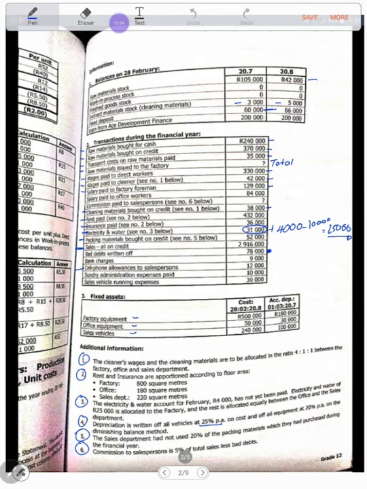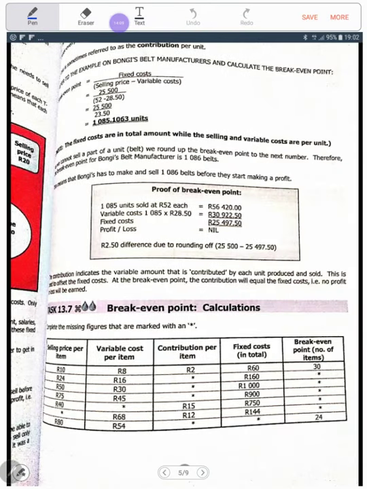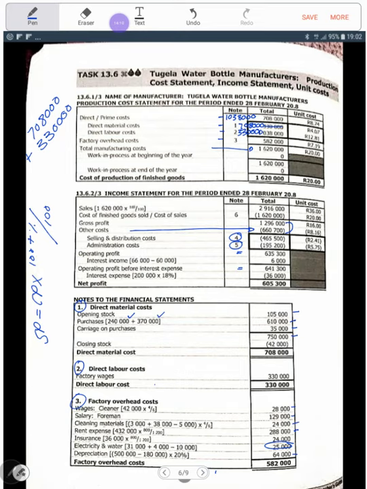So you'll see that our loan over here is 200,000 and I'm going to multiply it by 18%. And that should give me my interest expense for those years, and you'll see that it is 36,000. My net profit for this activity is going to be 605,300 rand.